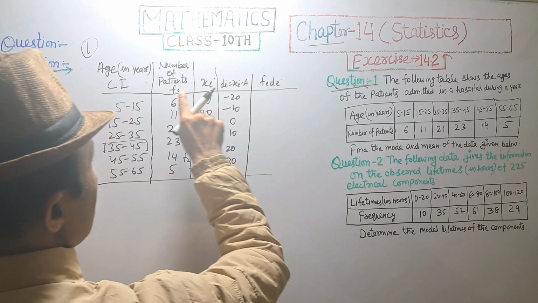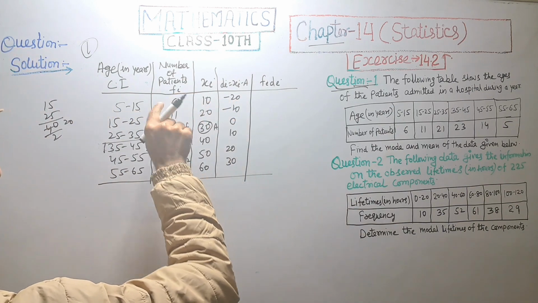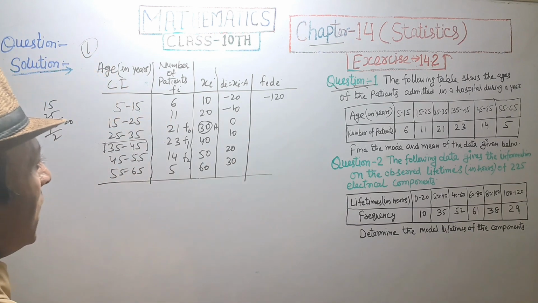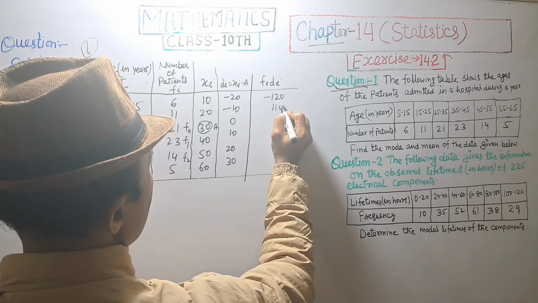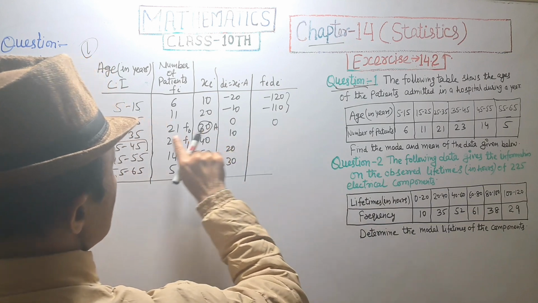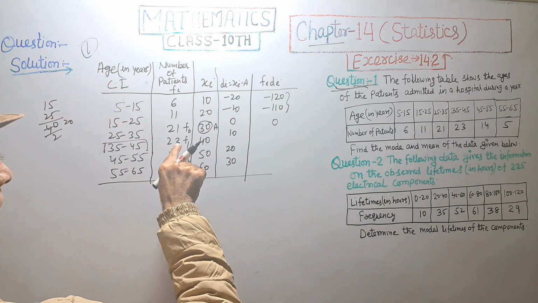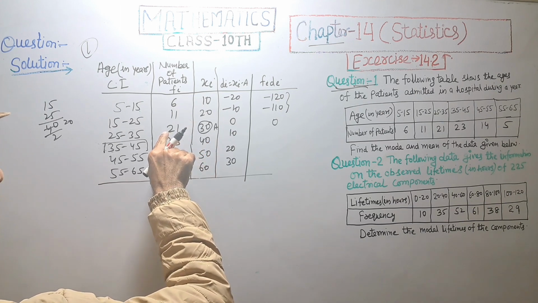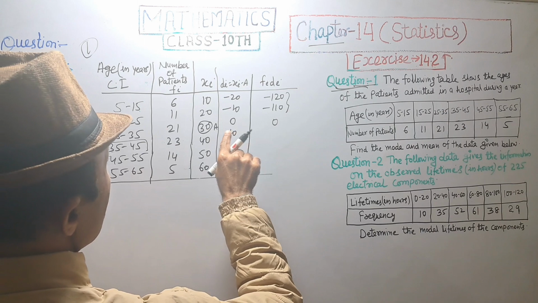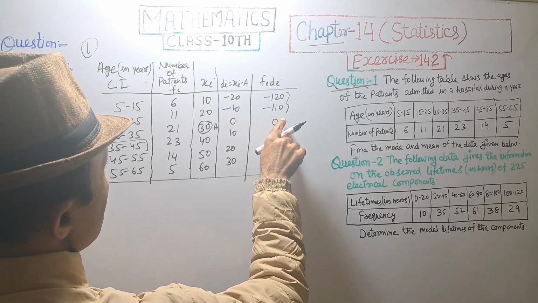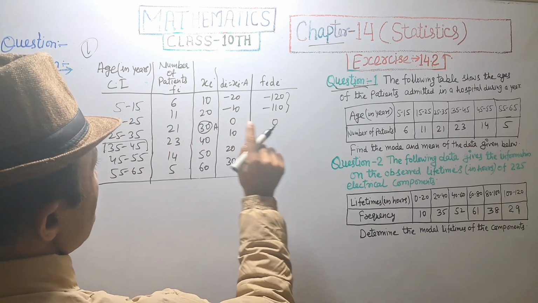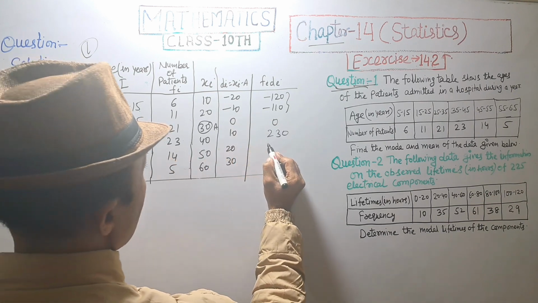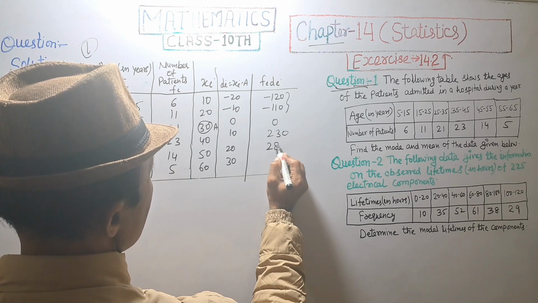Fi di. Fi is this. 6 multiplied by minus 20 is equal to minus 120. 11 tens are 110, negative. 21 multiplied by 0 is 0. 23 multiplied by 10 is equal to 230. And 14 multiplied by 20 is equal to 280.